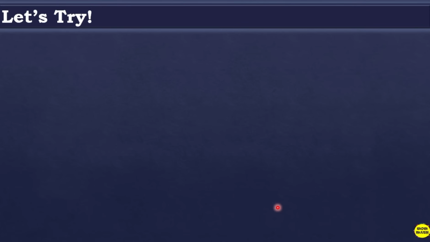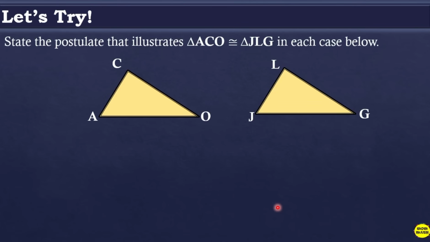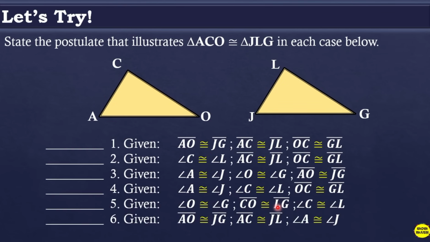So, let's try. I have here two triangles, a triangle ACO and JLG. Okay? So, given this set of congruent parts of two triangles, I want you to identify what kinds of congruence postulate or theorem is illustrated by the given triangles.